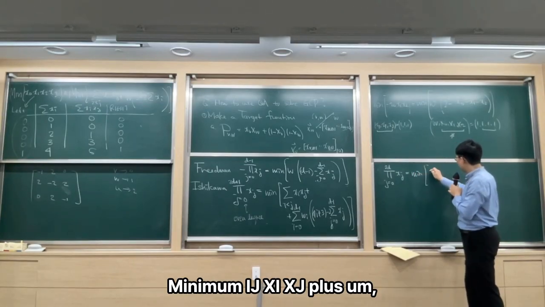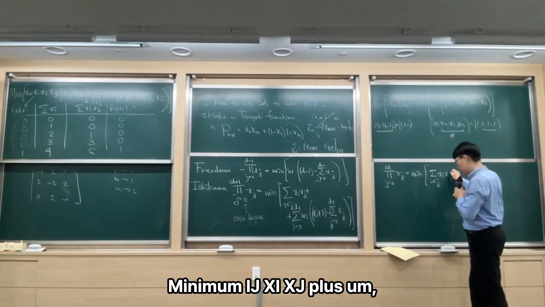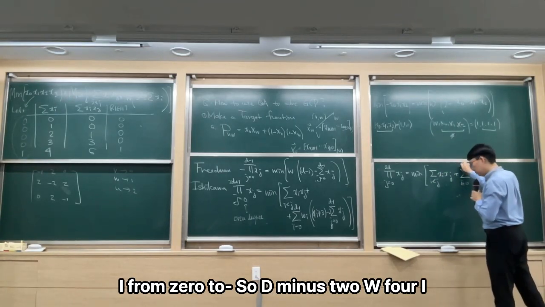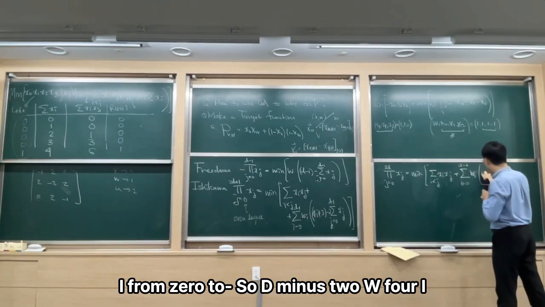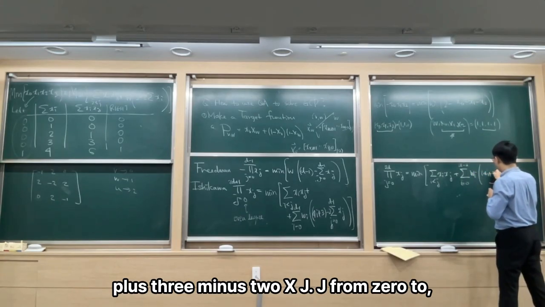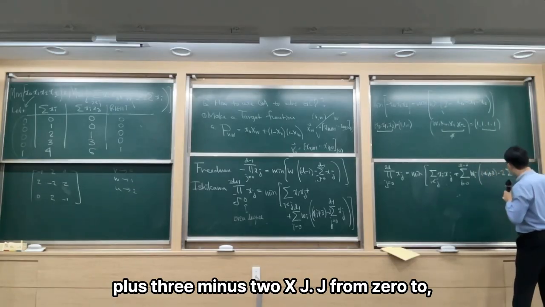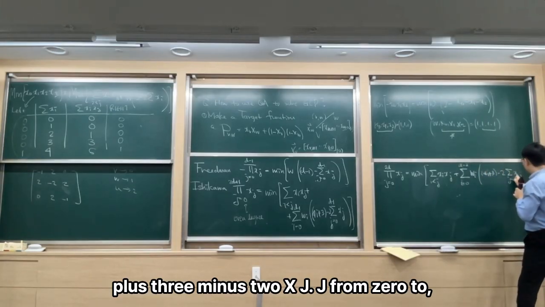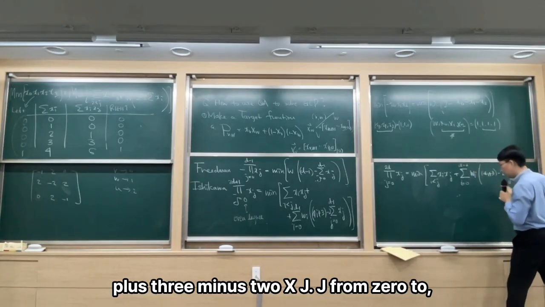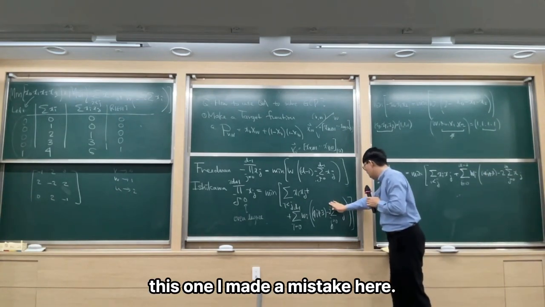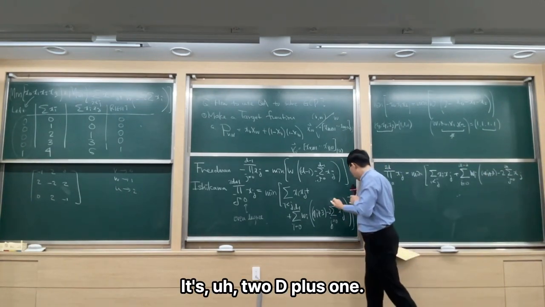Minimum of sum over i, j of xi xj plus sum over i from 0 to d minus 2 of wi times 4i plus 3 minus 2 times sum of xj, j from 0 to 2d. So this one I made a mistake here. It's 2d plus 1.